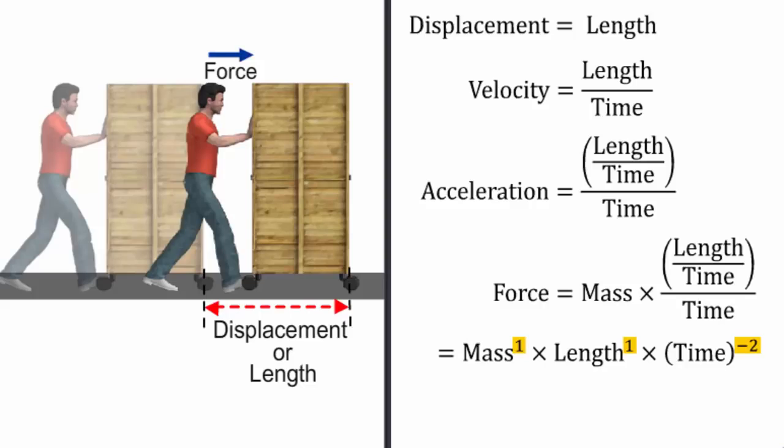Thus, the dimensions of a physical quantity are the powers or the exponents to which the base quantities are raised to represent that quantity. We say the dimensions of force are 1 in mass, 1 in length, and -2 in time.